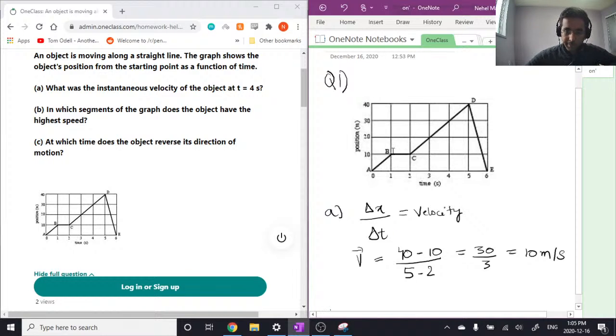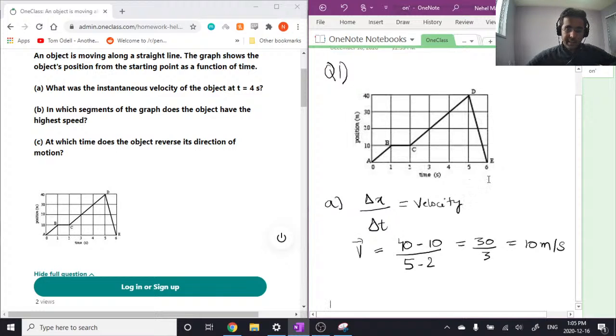For the B to C portion, we travel 0 meters in 1 second. For C to D, we travel a lot of distance, but it also takes us a lot of time. It takes us 3 seconds to travel these 30 meters. However, for the D to E phase, we are traveling all that distance in only 1 second. So therefore, just by looking at the graph, the speed is maximum for the DE portion.